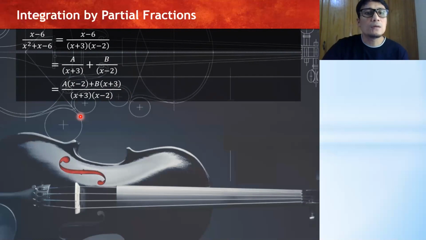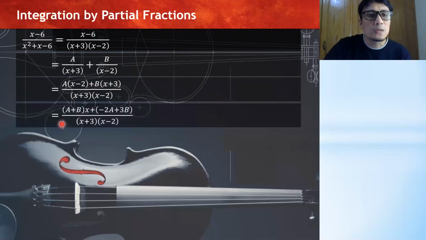You can also simplify this and write it in the form where we can separate the terms with x, the first degree term, and then the constant term. We can do that by combining Ax and Bx, so that you have A plus B times x, and then combining those constants, negative 2A plus 3B.